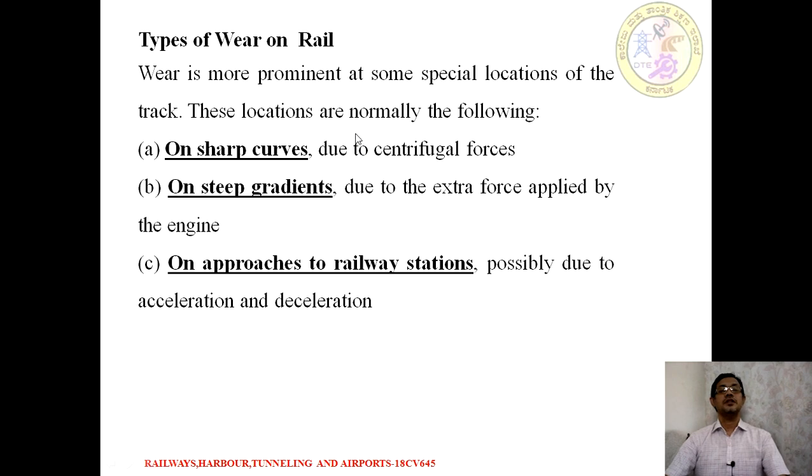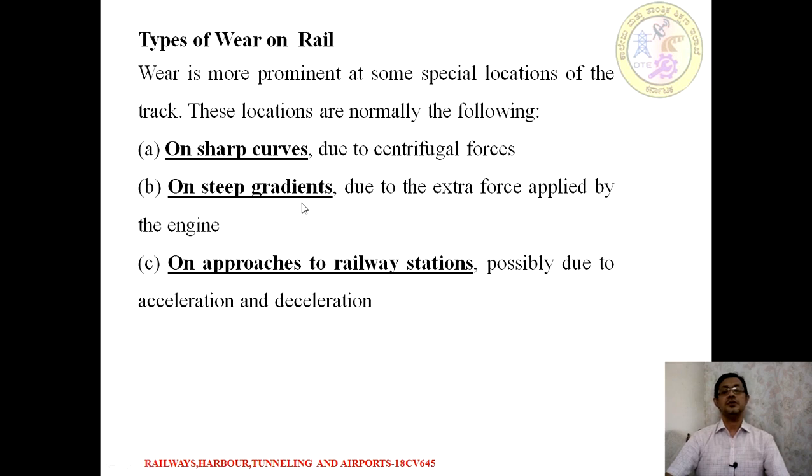So these are the three positions at which we can expect wear and tear of the rail. Next is the type of wear on a rail. Wear is the more predominant type of failure or defect in the rail, and there are some special occasions where we can expect it. Normally the wear occurs in the following cases. On sharp curves, as I explained, due to centrifugal forces.